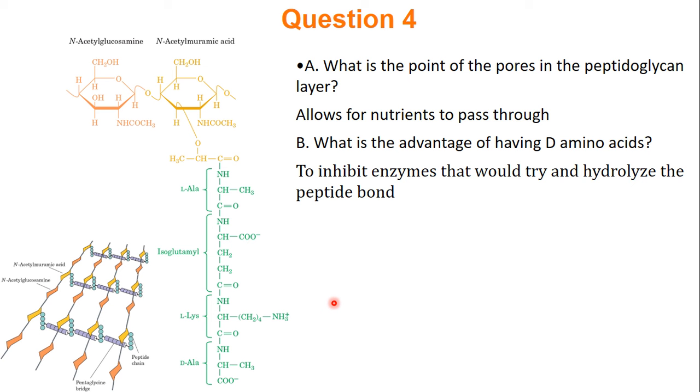If you throw a D in there, you're going to stop enzymes like lysozyme. You're going to stop getting cut because your enemy's enzymes shouldn't recognize a D. It's that evolutionary thought. It's for protection, so you don't get hydrolyzed and you don't cut that peptide bond. Now, there are enzymes that can cut that D amino acid, but bacteria do make D amino acids, and that is the reason for that.